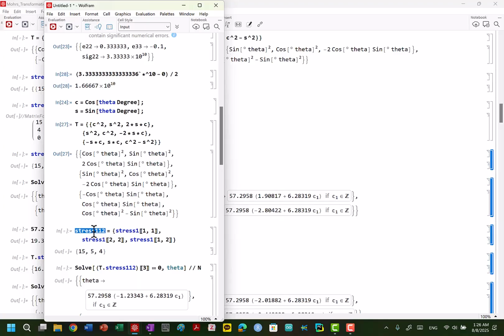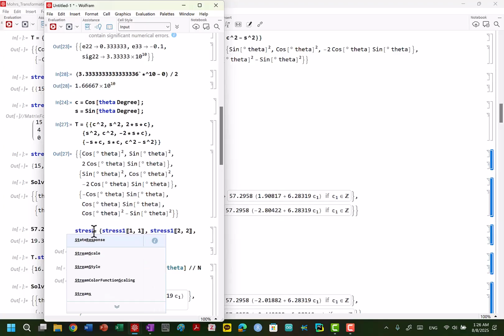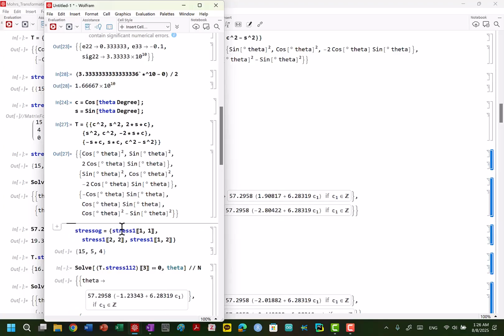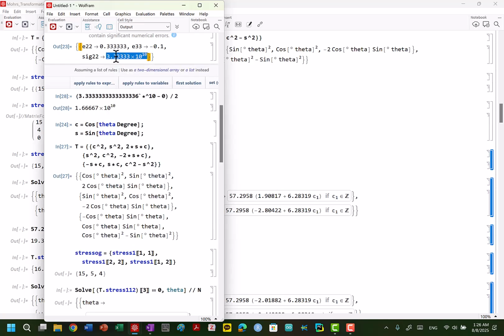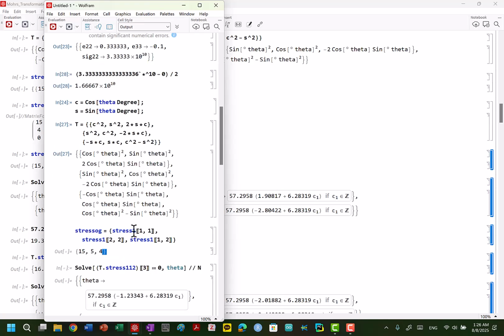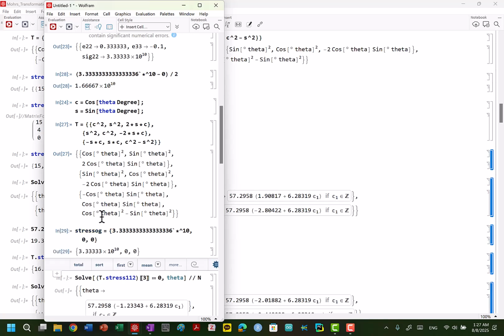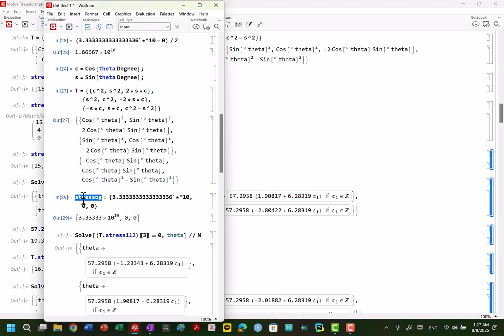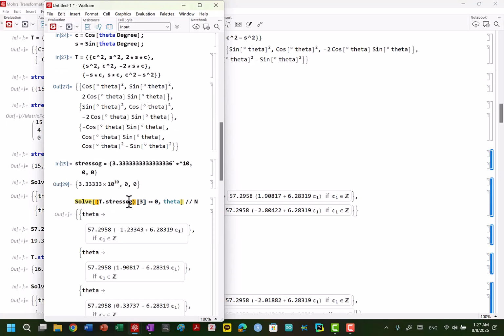So I'm going to say stress OG is equal to, and because we're in a principal stress state, we're in a plane stress state, either 2-3 or 1-2, doesn't matter. So this is going to be my normal stress. My other normal stress is 0, and the shear stress is 0 as well. So if I do stress OG here, this is solving for when that third equation is going to be equal to 0.